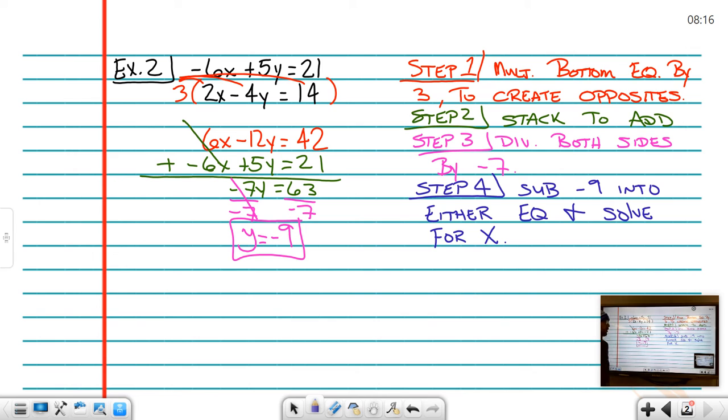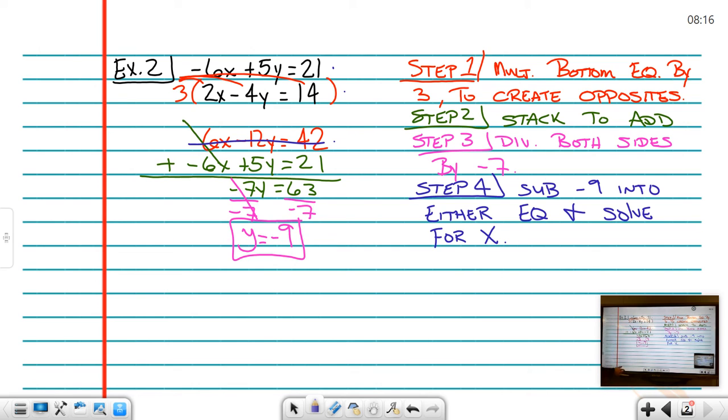I pretty much have 3 equations to choose from here. I could choose this one, or this one, because remember, we created a new equation. But I probably wouldn't use this one because it's a lot larger. It doesn't matter which one you choose, it's personal preference. I would probably choose the one with the smaller numbers. That might make it a little easier on you.